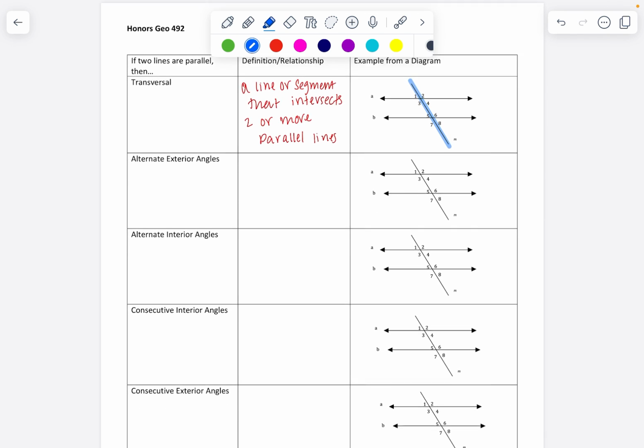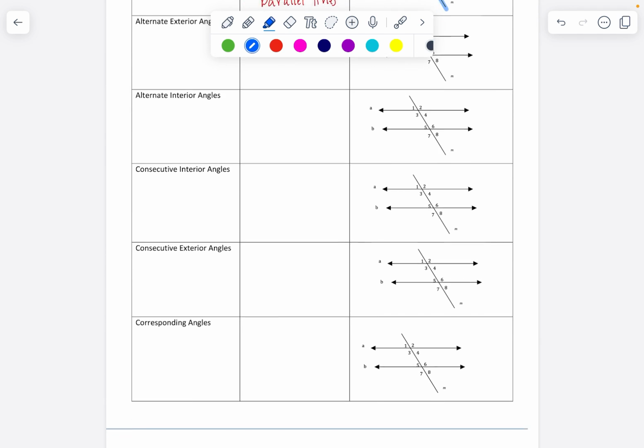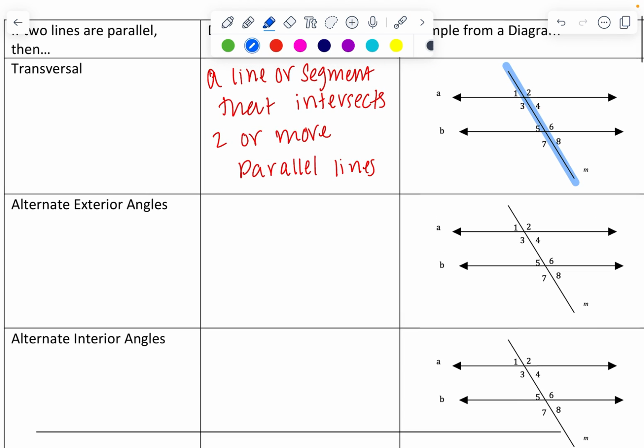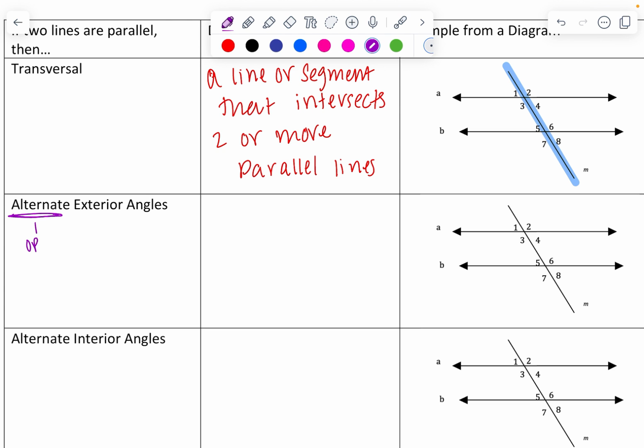Okay, and then from here we've got 5 different angle types. Alternate exterior angles is our first one. Alternate kind of means opposite. Exterior is like outside.